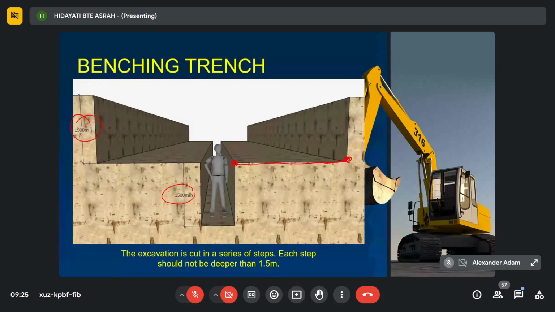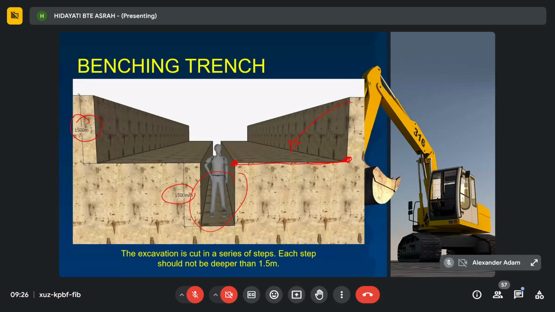It should be set back enough so that if the top level collapses, it will not fall into the bottom of the trench. So the distance between one level and the next should be sufficient, so that when it collapses, it will not fall inside the bottom trench.